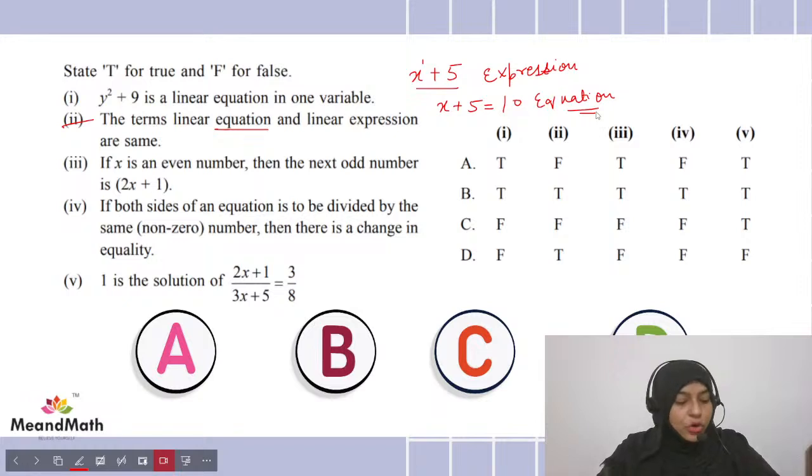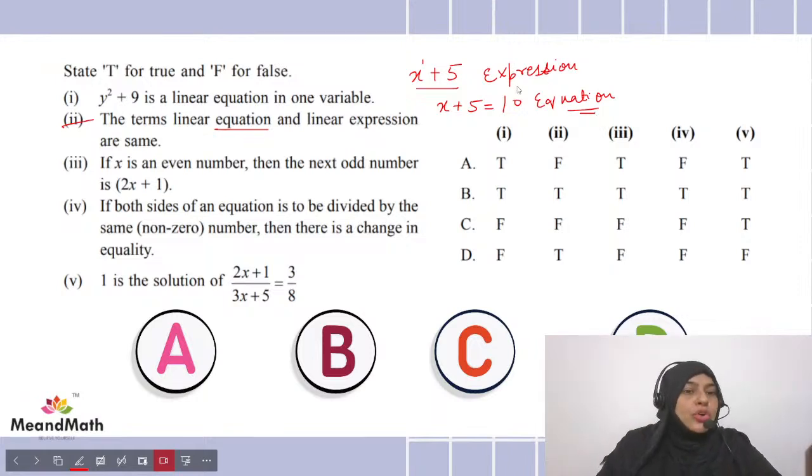I hope you are getting my point. The difference is that in an expression there is no equal sign, but in an equation there is an equal sign. And as the power of the variable is 1, we are talking about linear expression and linear equation.